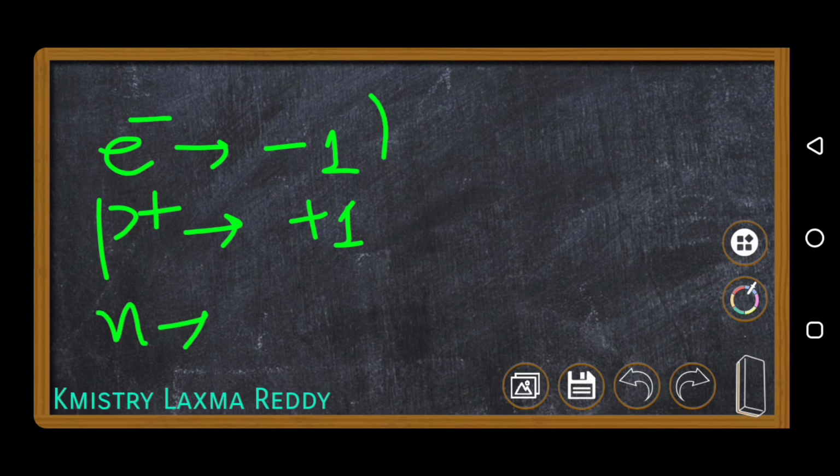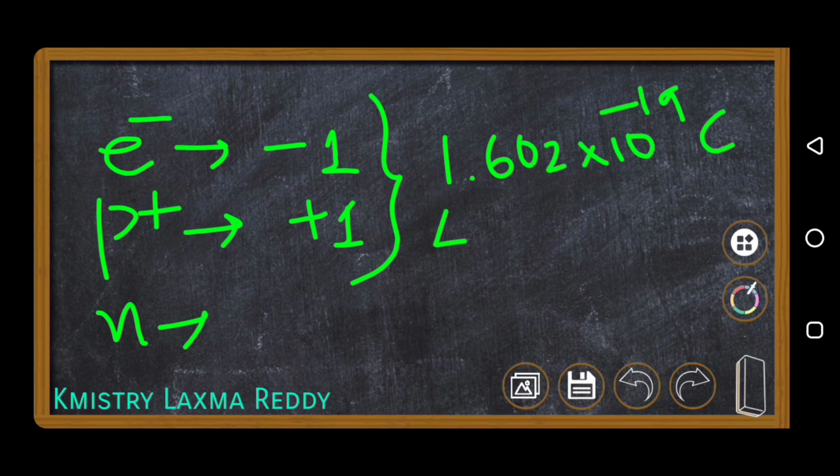not writing. Their charges are the same, 1.60 × 10^-19 coulomb, or you say 4.8 × 10^-10 electrostatic units, ESU. Magnitude of the charge is the same for electron and proton.